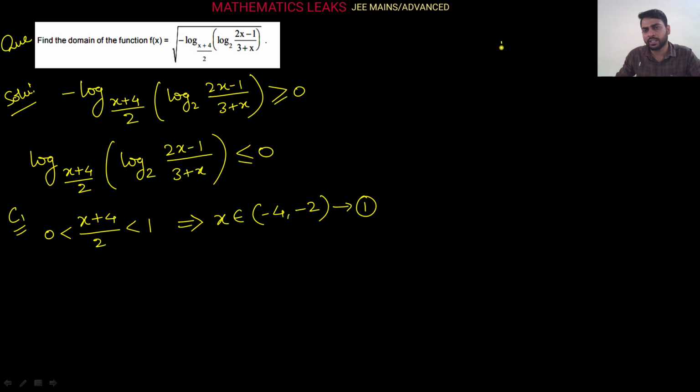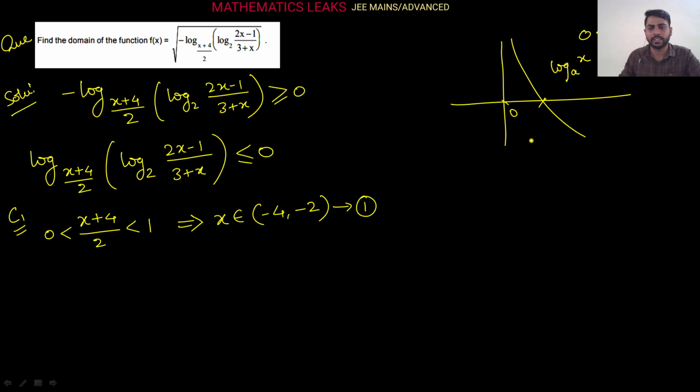From the logarithm graph you can very easily see that the graph of log base a of x, when a is between 0 and 1, is decreasing. This is the origin here. The graph is above the x-axis when x is between 0 and 1, meaning it is positive; when x is exactly 1 the logarithm value is 0; and when x is greater than 1 the graph goes below the x-axis, meaning it is negative.